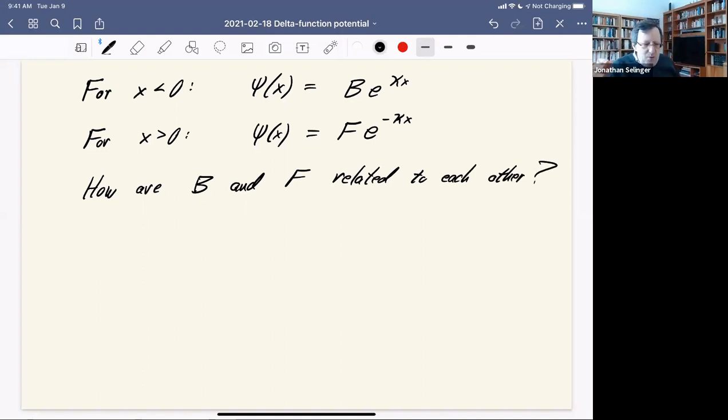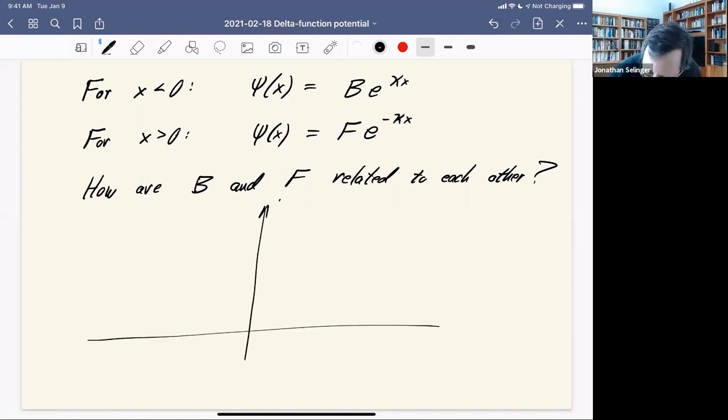Well, if we want to answer that, we need to use something about what's happening at x equals 0. Right? So we know if I make a plot of psi of x versus x, okay, for x negative, we have some decreasing exponential like that, okay?